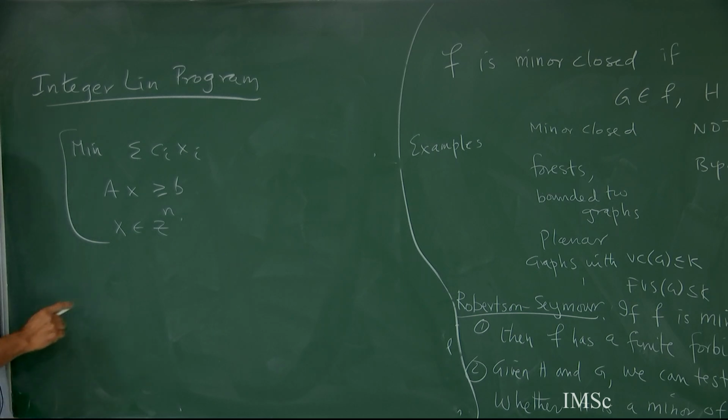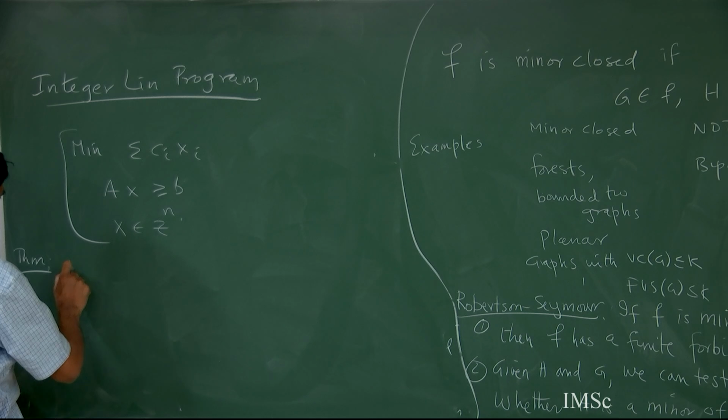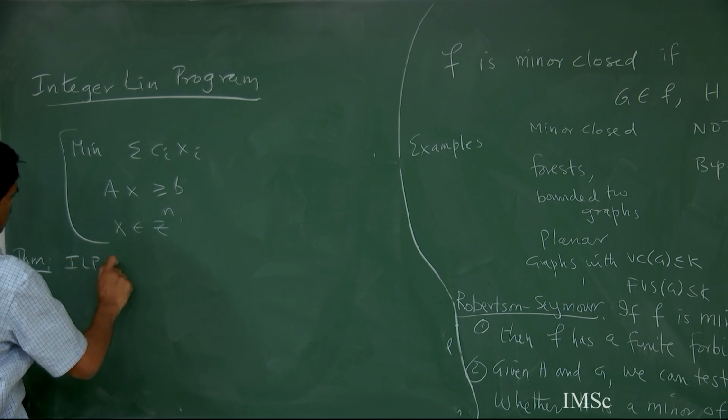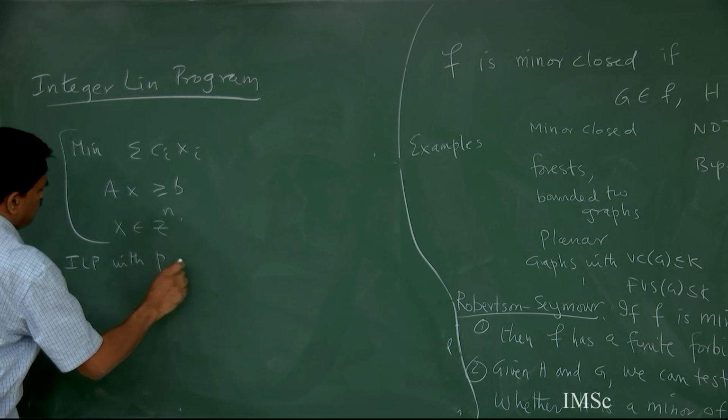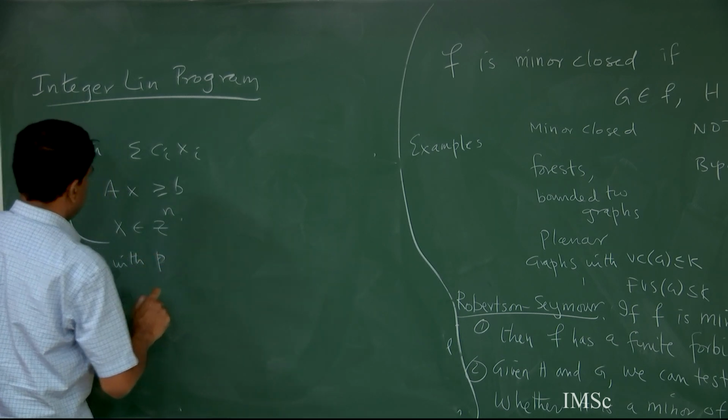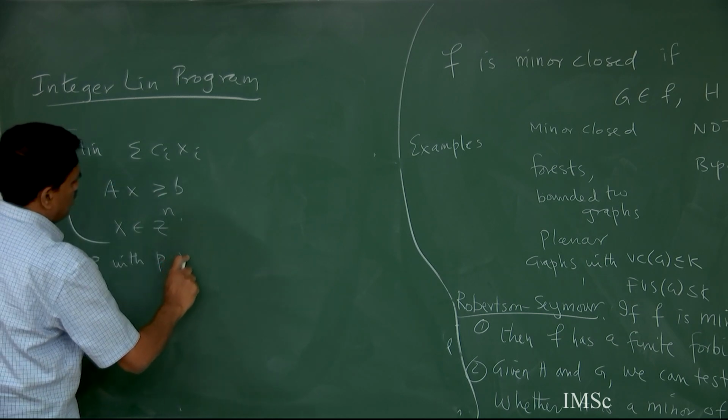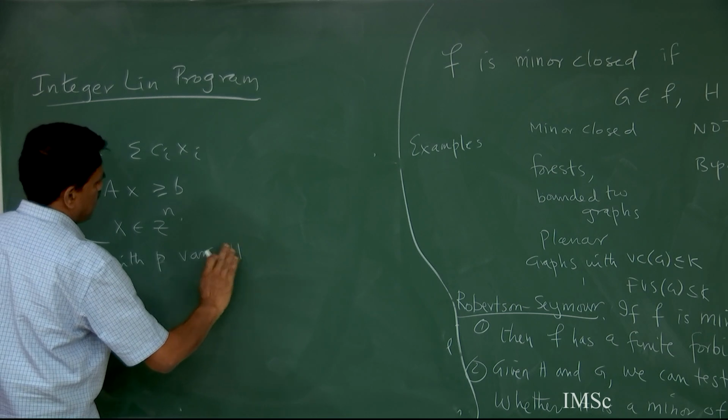Now with this integrality constraint, you have an integer linear program. Let me just write down the theorem. ILP with p variables, x_1 to x_p, can be solved.